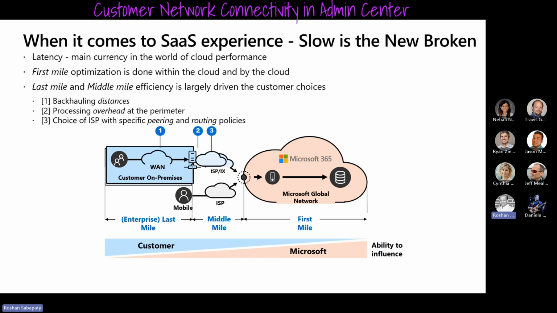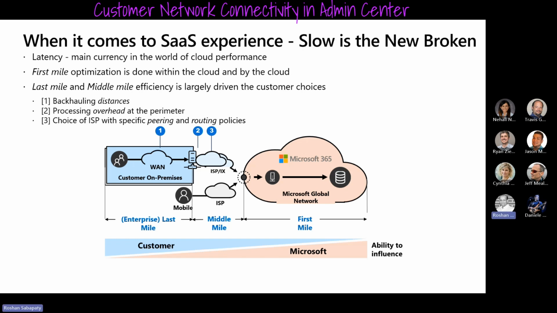So Jeff already set the context here with this drawing, and this drawing really illustrates the end-to-end path between your end users and Microsoft. And the path, as Jeff explained, is divided into three conceptual miles: the first mile, middle mile, and the last mile. The first mile is really the Microsoft Global Network. We spend a lot of time and effort expanding this network to bring this close to our customers.